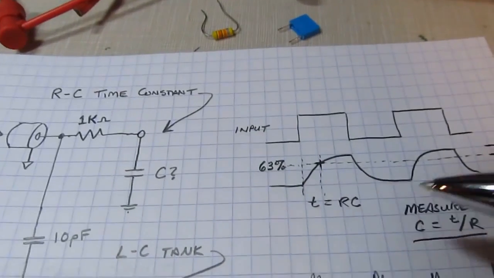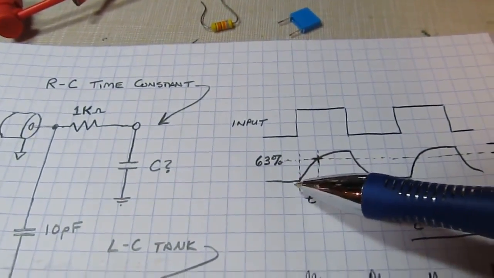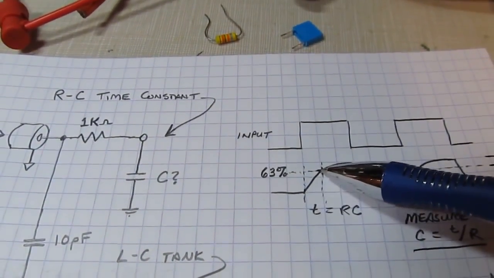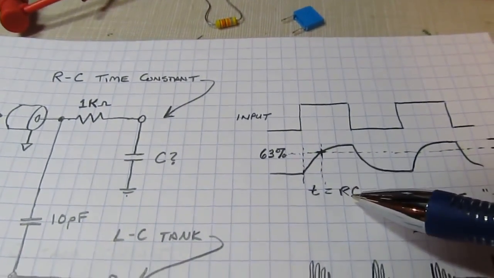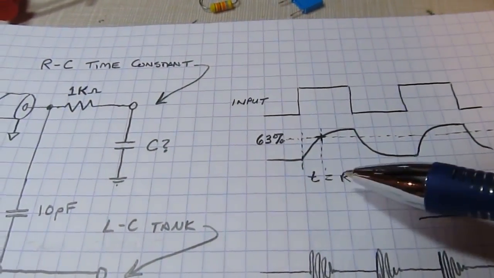Now, without going through all of the math of it, the simple fact of the matter is that this exponential rise is going to reach 63% of its final value over a time period equal to the product of the resistor times the capacitor. So it's a pretty simple thing.